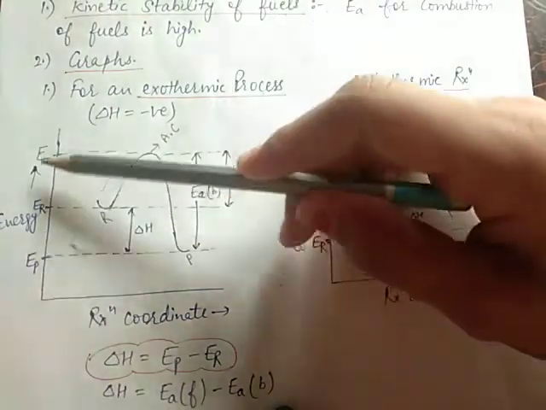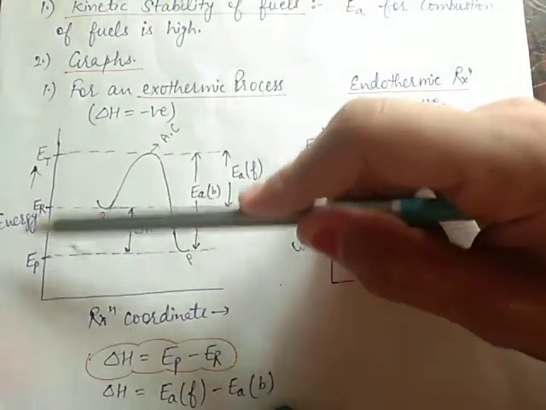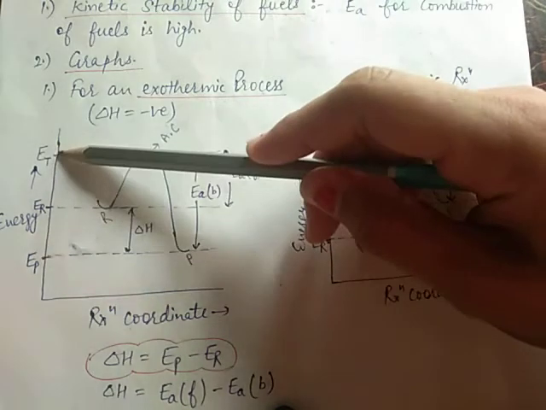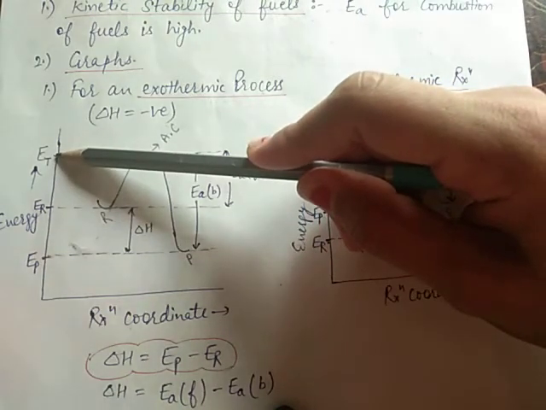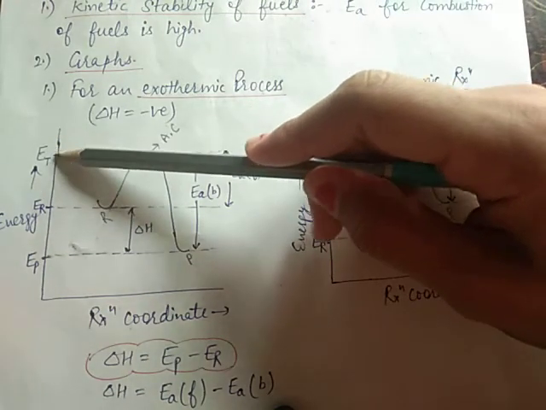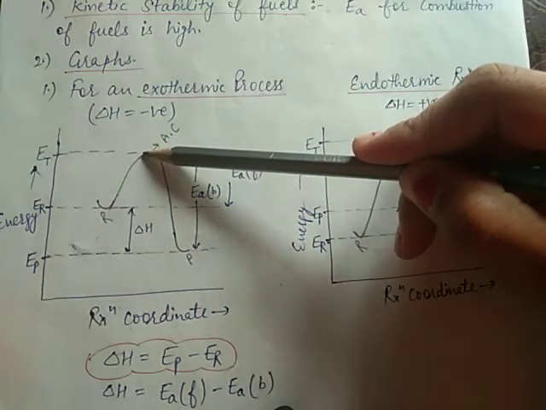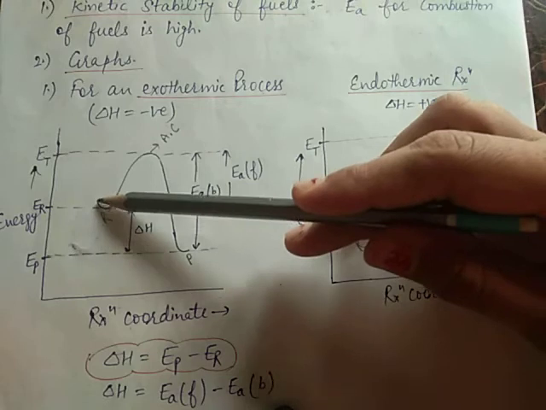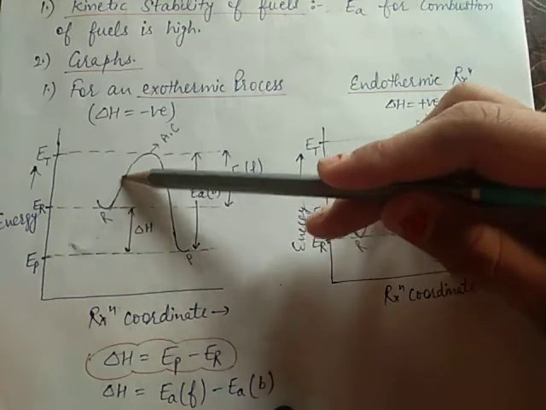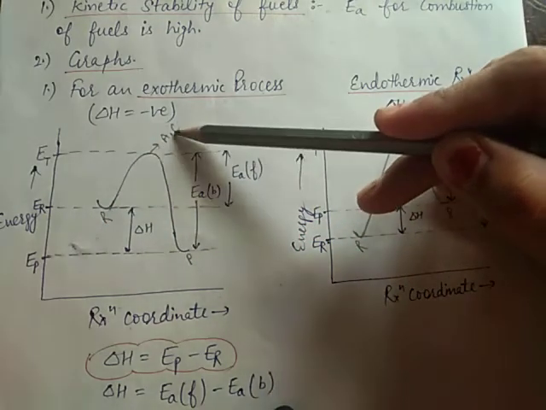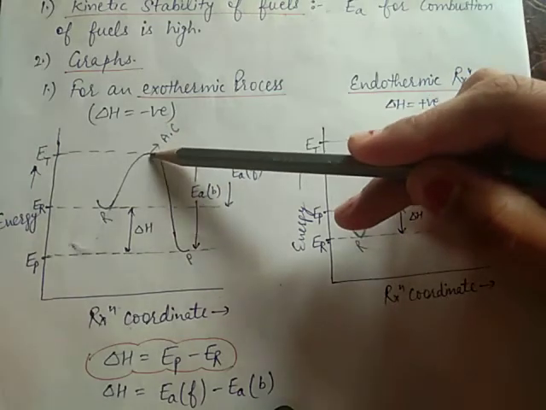First of all, we take here the energy of reactant, the energy of product, and energy of transition state. Energy of threshold energy. So when the reactant changes into the activated complex, this is activated complex.